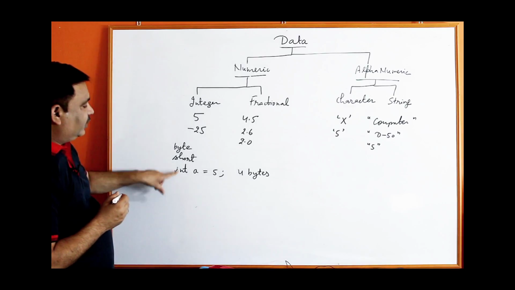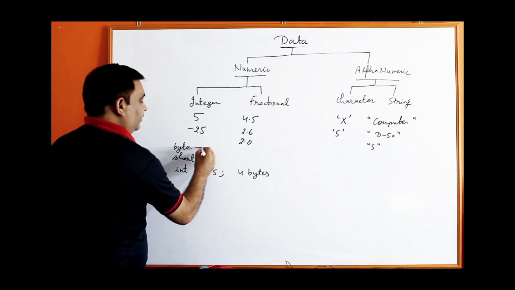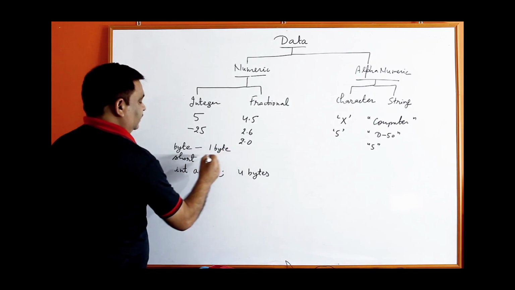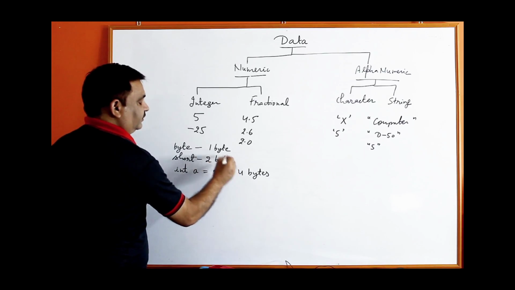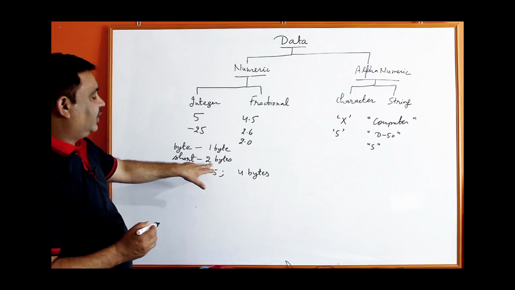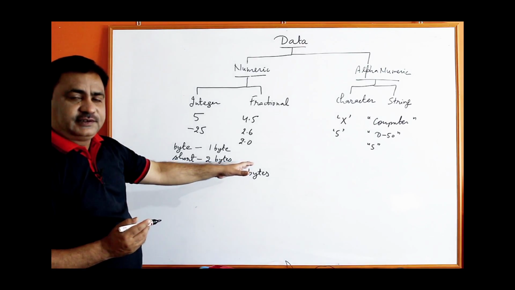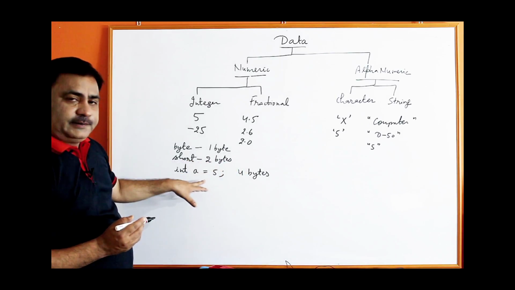In place of int you can use the byte data type or the short data type, because the byte data type occupies only 1 byte of memory and the short data type occupies 2 bytes, and the range of short is up to 32,767. This is the biggest number you can store in a short type variable.